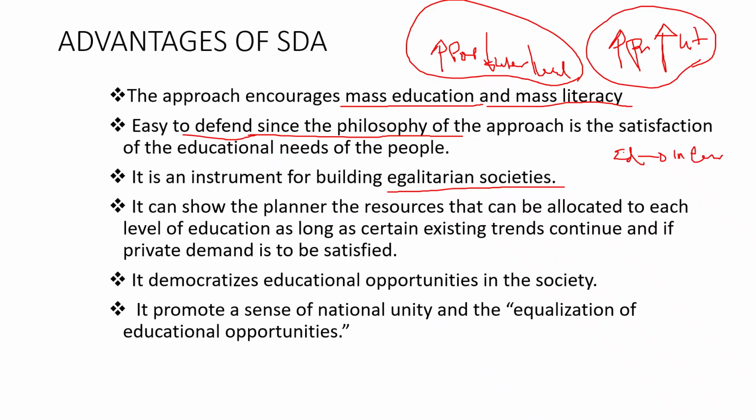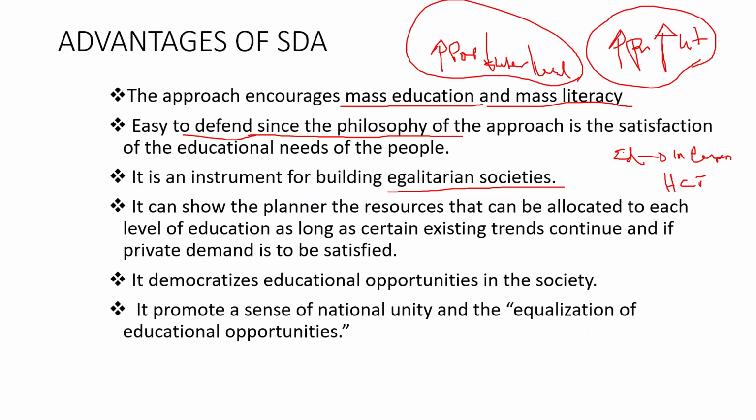Those with education are likely to have higher income because they have access to opportunities as compared to those who are not educated. Remember when we discussed the concept of human capital theory and productivity. Therefore, if we offer education to all citizens equally, then we are building an egalitarian society.